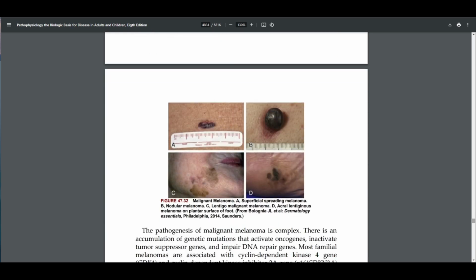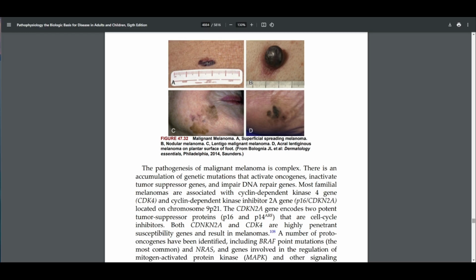So here we're taking a look at malignant melanomas. The pathogenesis. The pathogenesis of malignant melanoma is complex. It is an accumulation of genetic mutations that activate oncogenes, inactivate tumor suppressor genes, and impair DNA repair genes.